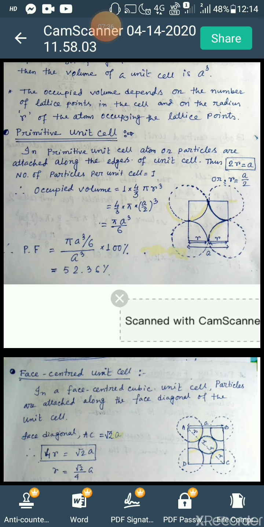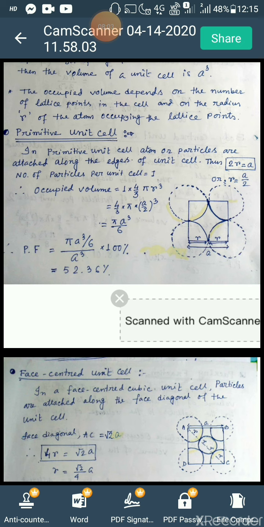So the relation between the edge length a and the radius of each particle r is r plus r, that is 2r, equal to edge length a. So 2r is equal to a, then r is equal to a by 2, and the number of particles per unit cell in case of primitive unit cell is equal to 1.